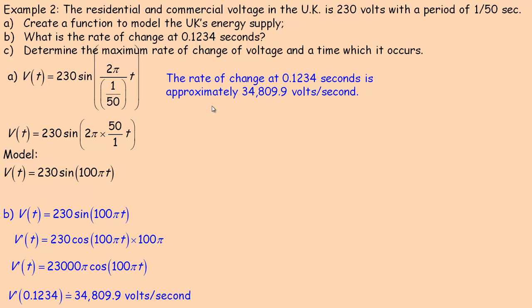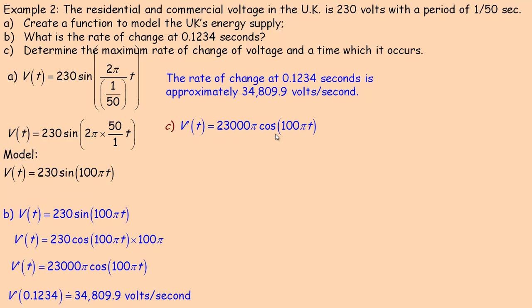And C now asks, determine the maximum rate of change of voltage and a time for which it occurs. So we want to find how fast this rate of change is changing. So it's a rate of change of a rate, or a rate of change of a rate of change. So in order to do that for C here, there's our derivative from over here.